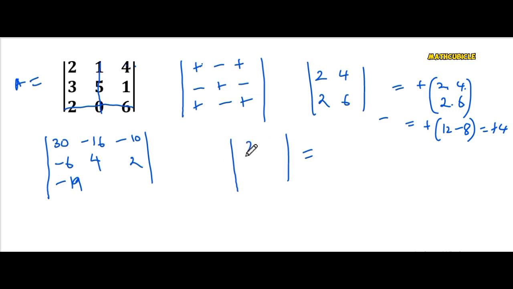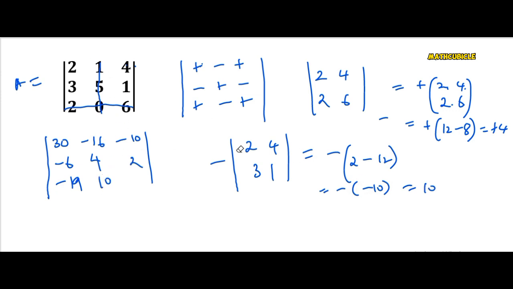We'll be left with 2, 4, 3, 1. The sign on that is minus. So minus 2 times 1 is 2, minus 3 times 4 is 12. That's minus. 2 minus 12 is minus 10. That's minus times minus is plus. That's 10. You write 10.